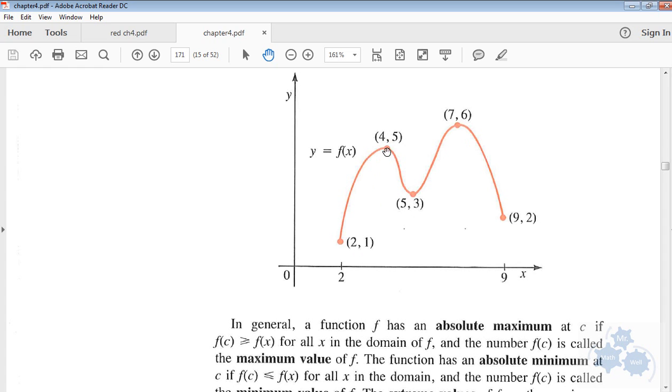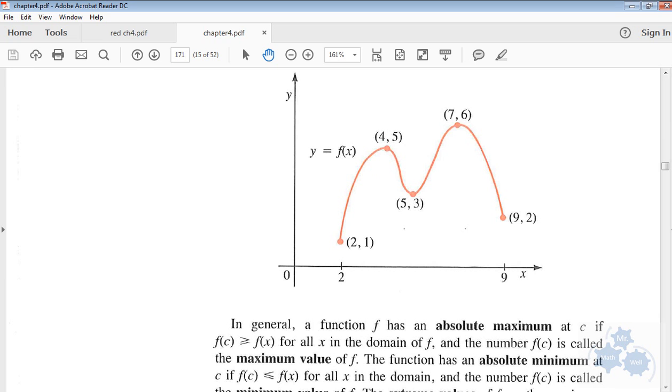You want to find f of c1, that is 5. And you find f of c2, that's 3. F of c3, that's critical number 3, and that's 6. You also find f of a, which is your endpoint here, and that's 1. F of b is 2. You take a look at all of these y values, 1, 5, 3, 6, 2. The smallest one is your absolute minimum. The largest one is your absolute maximum. Make sense?